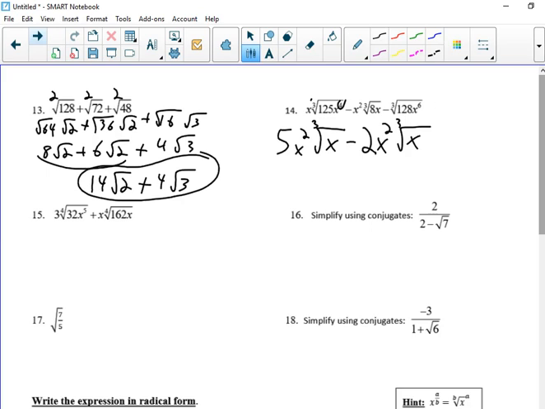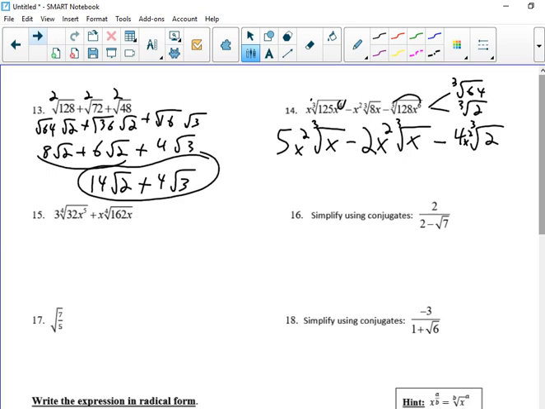And then 128 is actually going to break down to the cube root of 64 and the cube root of 2. So minus cube root of 64 is 4, and 6 divided by 3 is 2, cube root of 2.